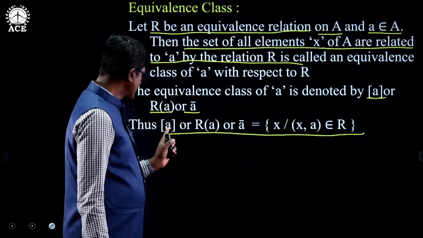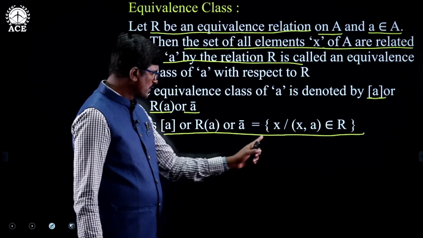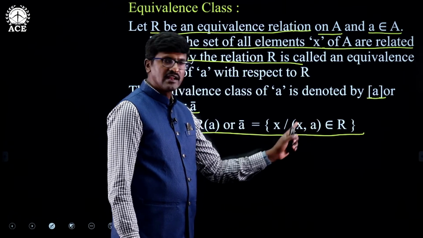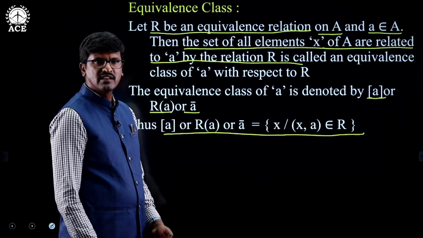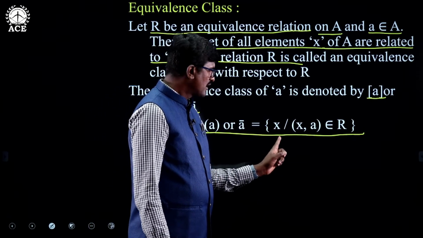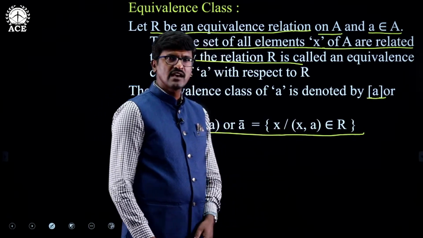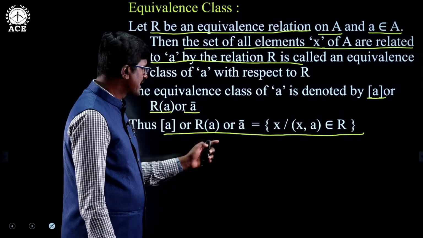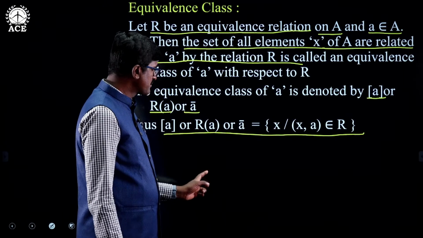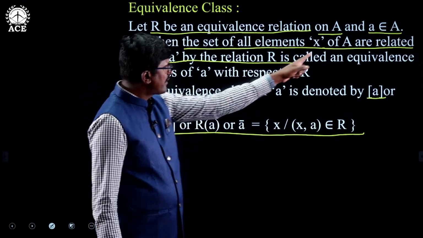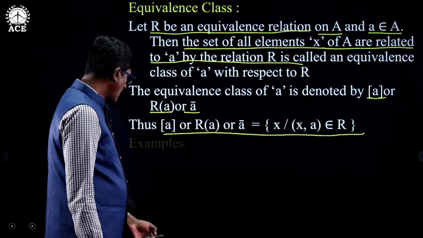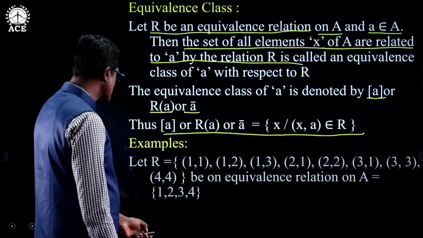So the equivalence class of the element A is equal to the set of all elements X such that X must be related to A. You need to take all the X elements which are mapped to A, then you will get the equivalence class of A. So the equivalence class of A is nothing but the set of all elements of A which are mapped to A. Now we'll see one example, then you can easily understand it.